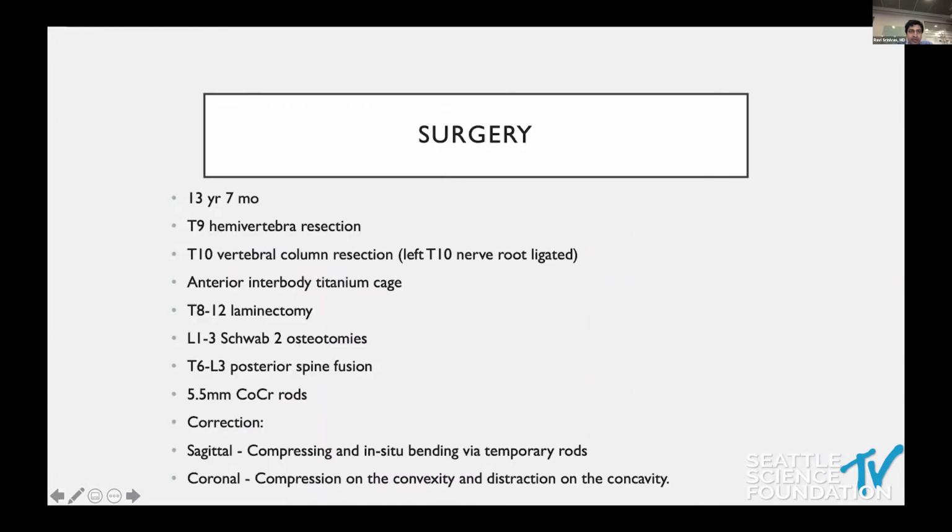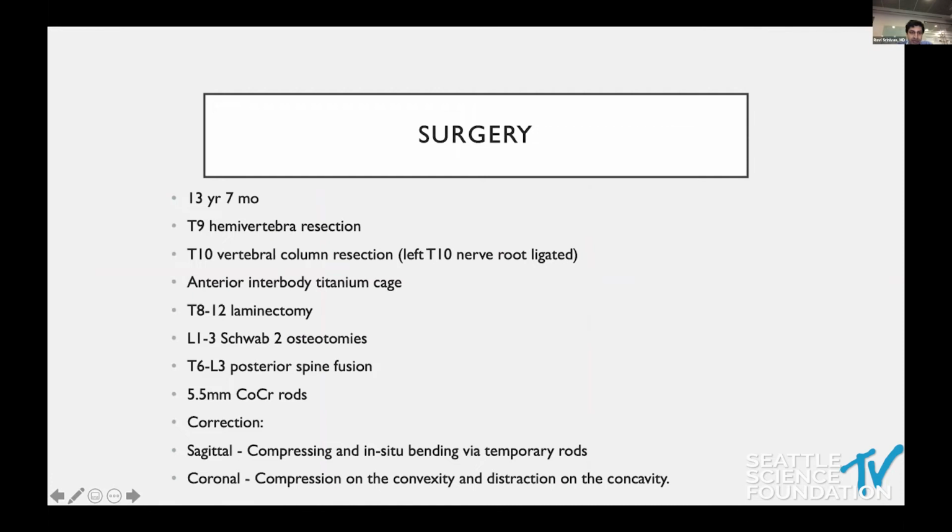And then the patient was taken for surgery. In detail, he had his T9 hemivertebra resected. He had a T10 VCR. The left T10 nerve root was ligated to gain access. An anterior interbody titanium cage was used. He had laminectomies done T8 to T12, and that aided in the correction at L1 to L3.